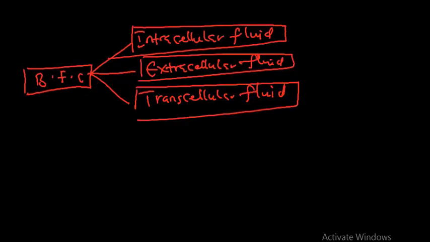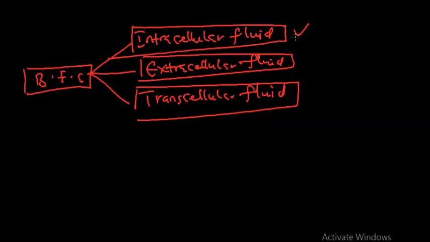Looking at the first one, intracellular fluid. When we say intracellular fluid, this simply refers to anything that exists within a cell. The fluid in the cytoplasm is called the cytosol. Next, we have the extracellular fluid. The extracellular fluid is simply the fluid found outside of the cell in your body.